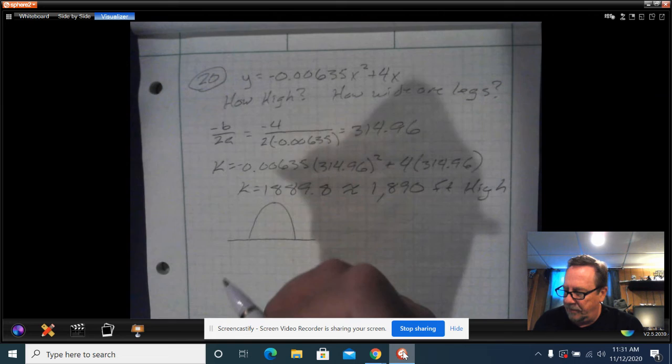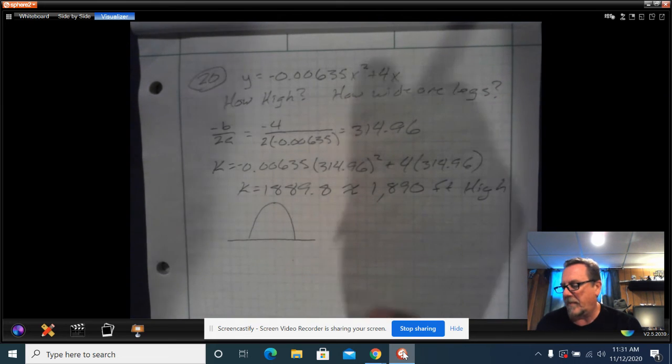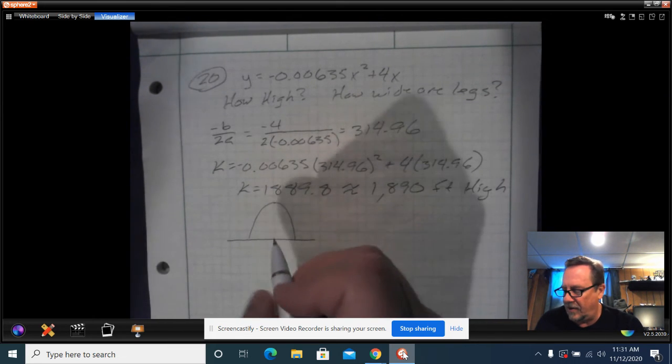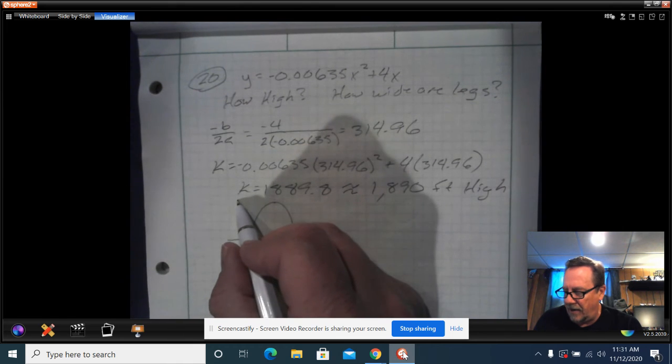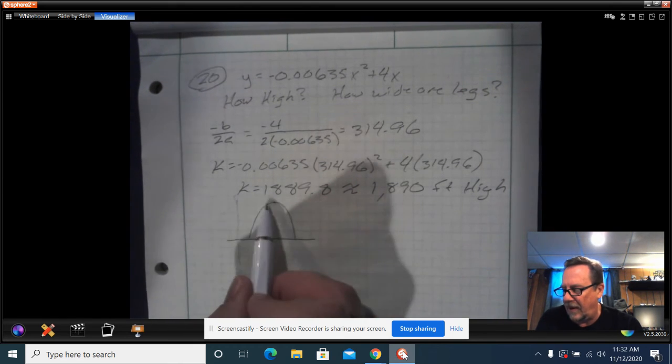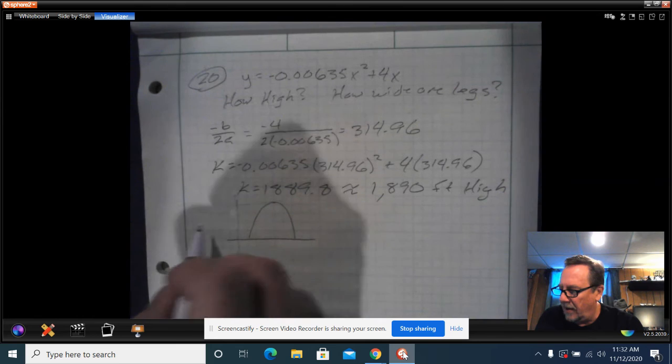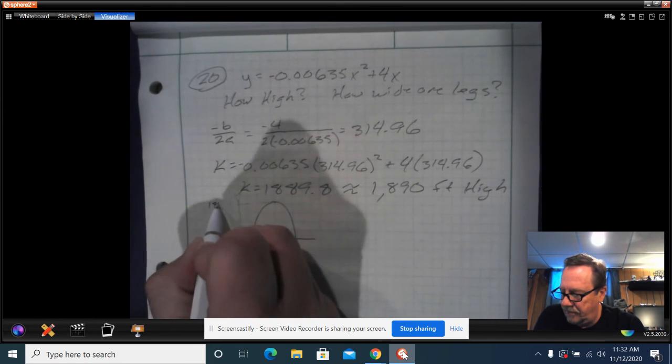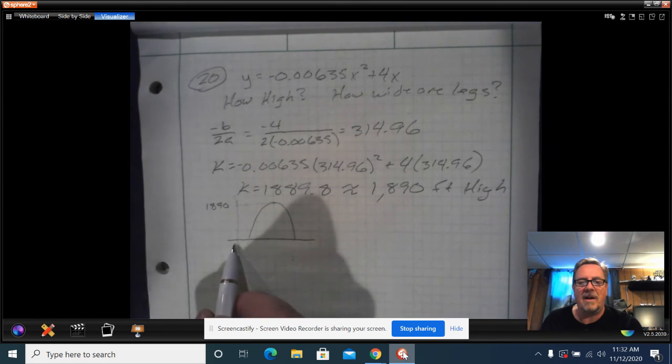Looking at the y values, the up and down y values are 1890 at the top. But what's the y value at the bottom where it's at ground level? 0, right?